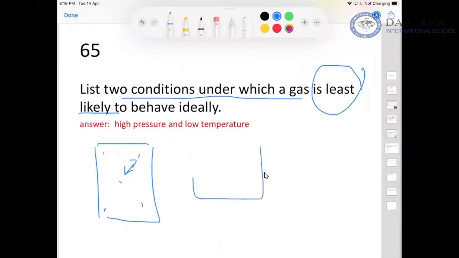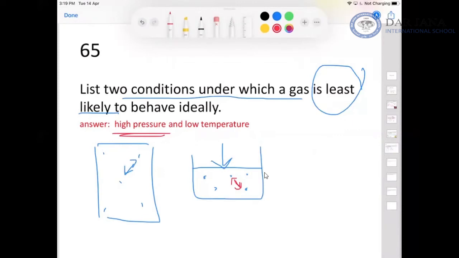Now, what happens if you apply a high pressure on this gas? These particles are going to come closer to each other. And when the particles are closer, the intermolecular forces are going to be significant. I will not be able to ignore them. For example, if you take a gas cylinder, under high pressure you can actually liquefy a gas, right?